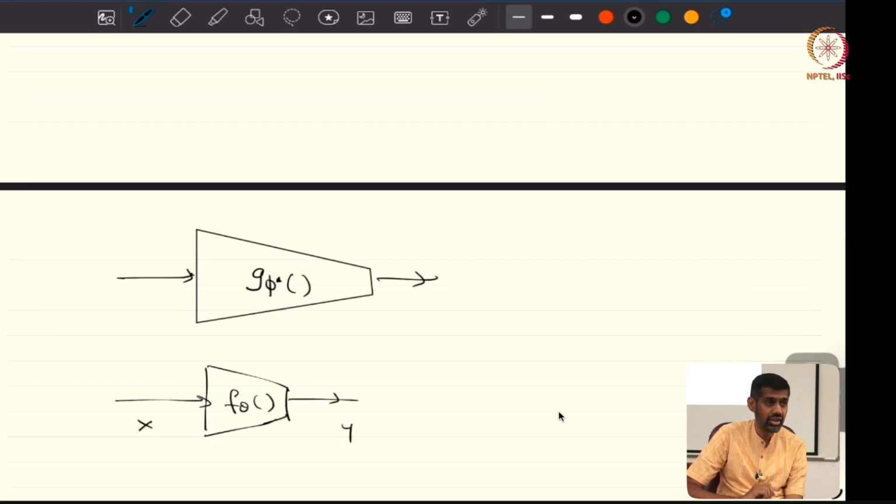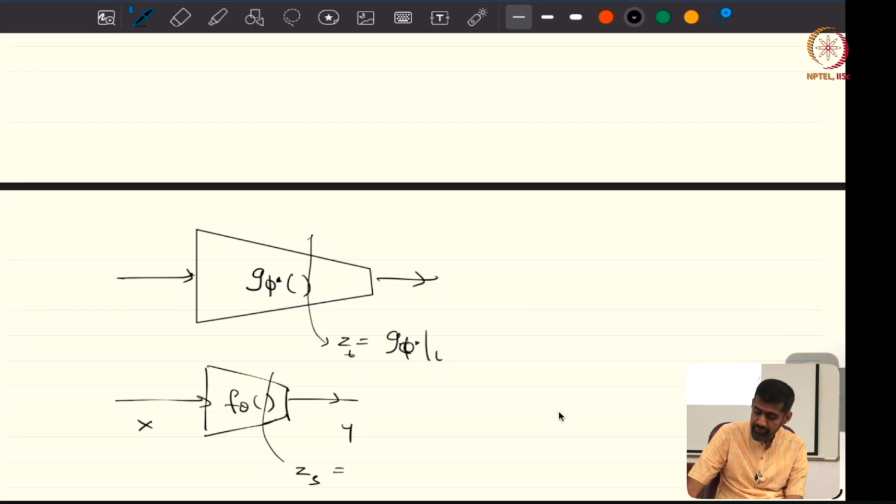You tap the output of the teacher network at some layer, the pre-trained lth layer. Let's call this zt. This is zs.